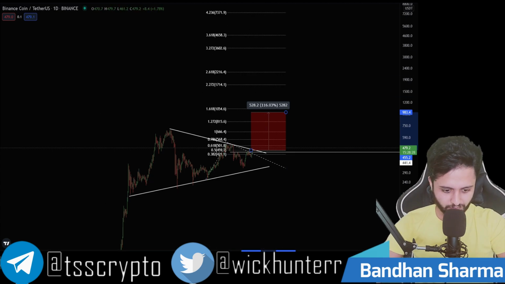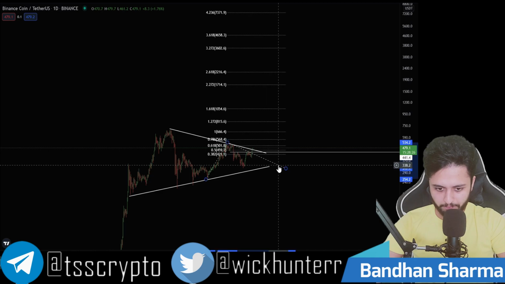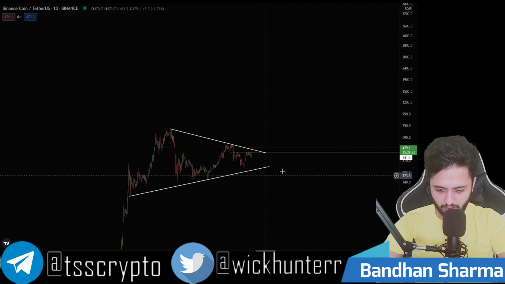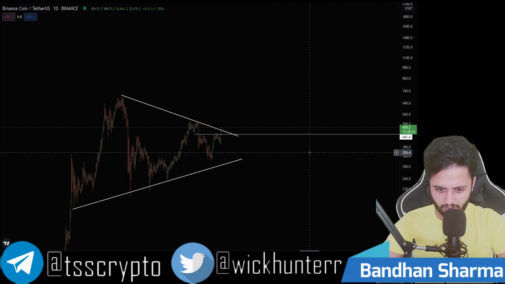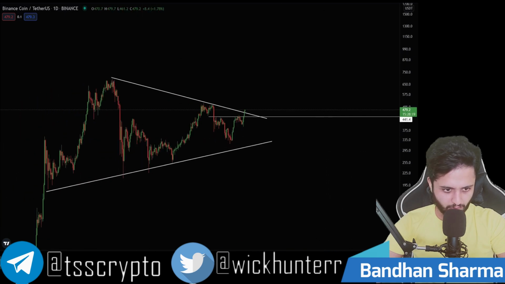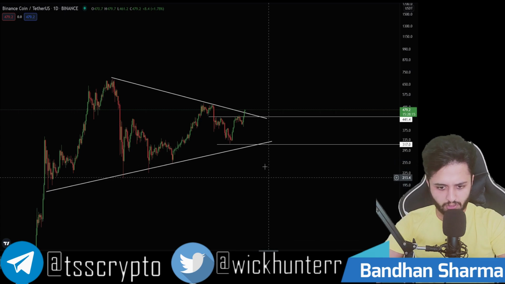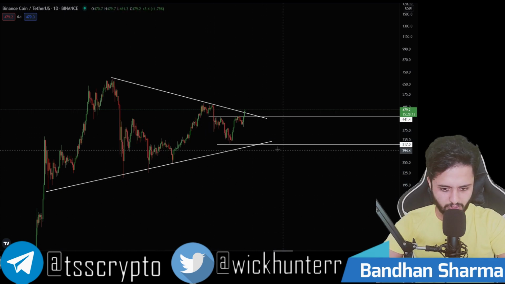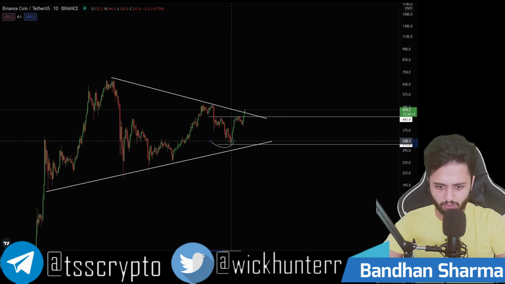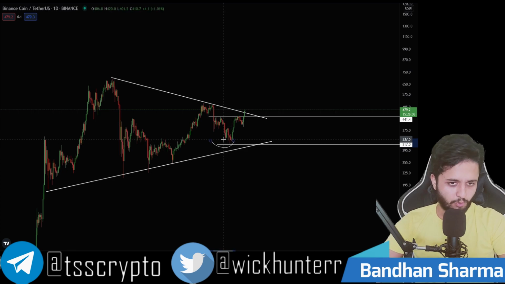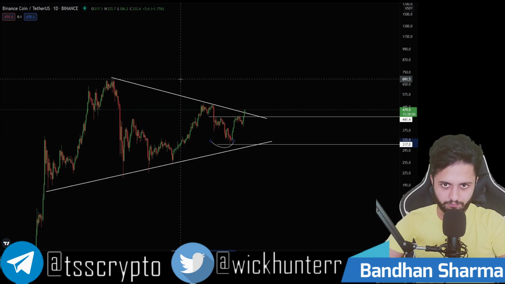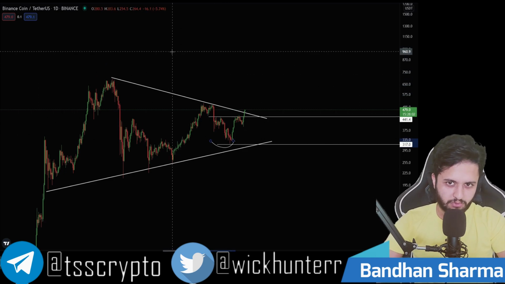One more thing, it needs to hold this level on the high time frame, which is $317. This is the swing low. It needs to hold this low, because suppose BTC dumps from 60,000, it could take a 10 to 20% correction, to around 49k or 50k.